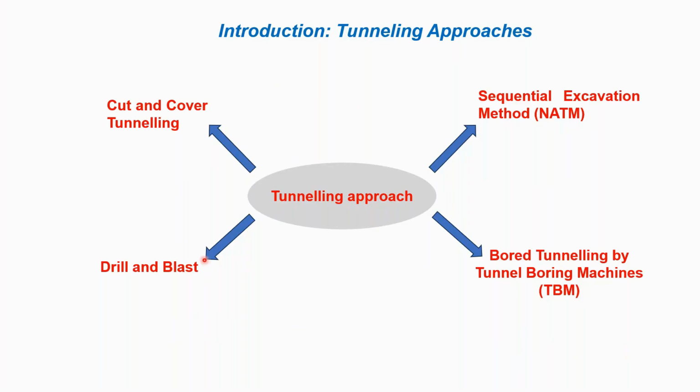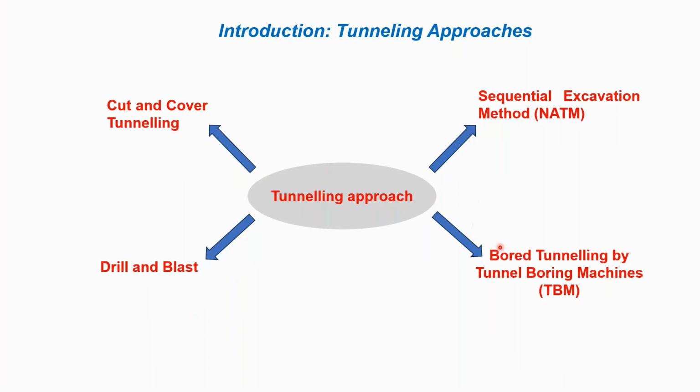The first method, cut and cover tunneling, is commonly used for shallow underground structures such as metro stations and underpasses. I will be talking about each of these tunneling approaches in detail in the next few slides. Similarly, in the sequential excavation method, the tunnel is excavated in stages and support systems such as shotcrete, rock bolts and lattice girders are installed progressively.